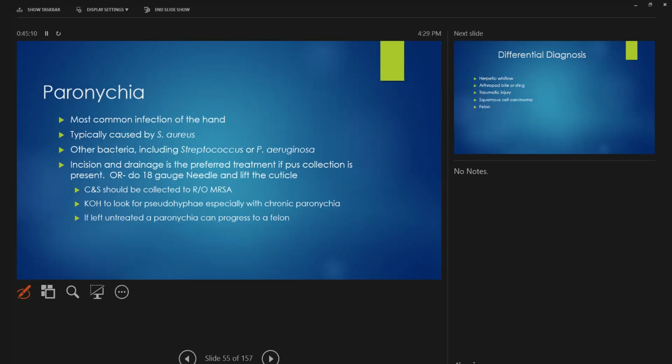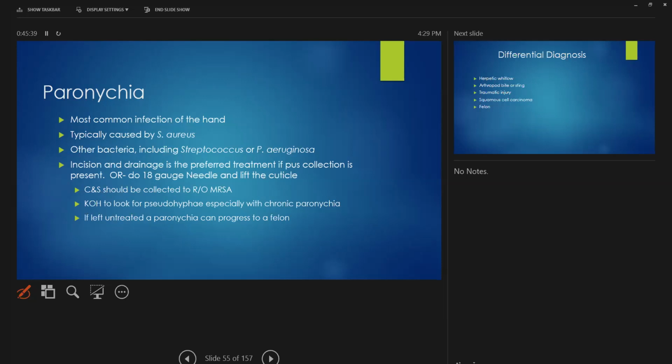So once you cut this open though, you could do a culture and sensitivity to make sure that you're covering this properly and there's no MRSA or other nasty pathogens. A KOH could also be done if it's chronic, or if the patient has chronic health problems, then you'd be more curious about a fungal infection.